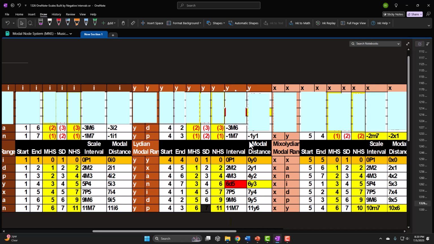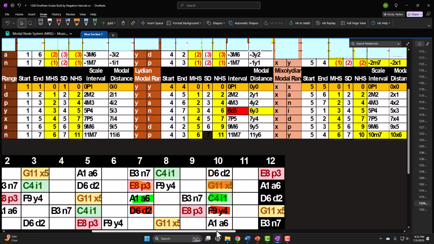Once again, -3 major 6 for the same reason, because going forward it would be a 9 major 6. So the major 6 could go forward 9 or backwards 3, but it'd be better to call it a -3 from the Lydian node, -2nd modal half step, because going forward would be a 9 node away from the Lydian node, and then 7 minus 2 would be a 5 nodal half step going forward.